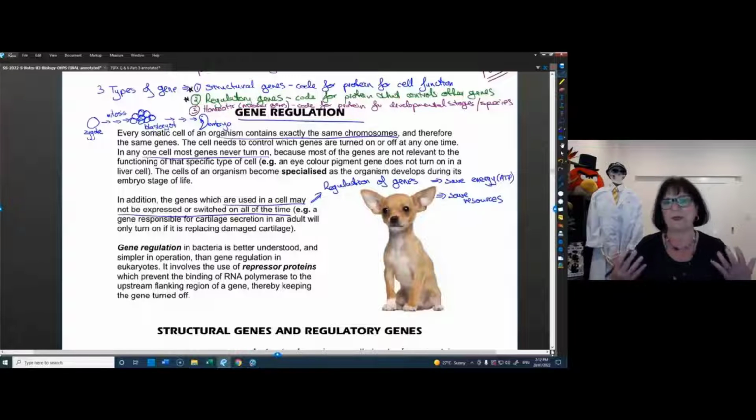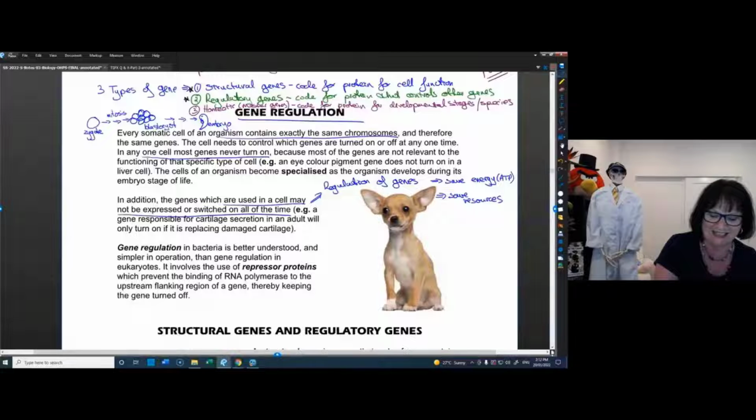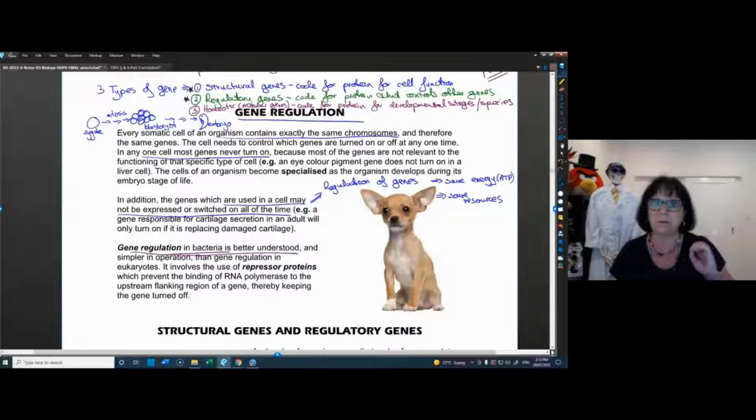And you might think us being humans, the top of the evolutionary chain, yeah, I guess we are, that we have got this gene regulation really absolutely perfect. And we do. We have very complicated gene regulation processes. But what is fascinating is gene regulation even happens in bacteria.